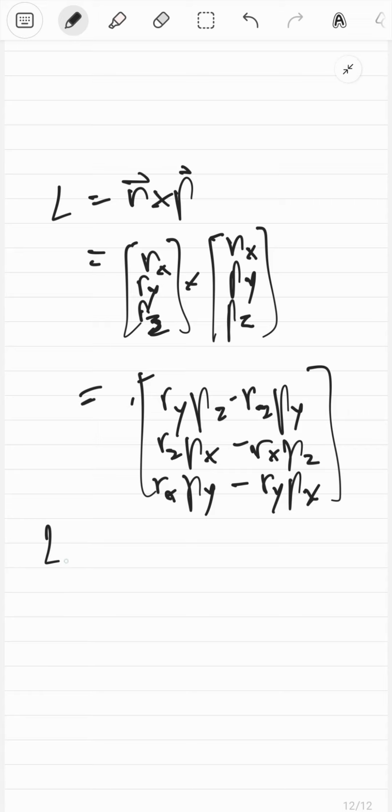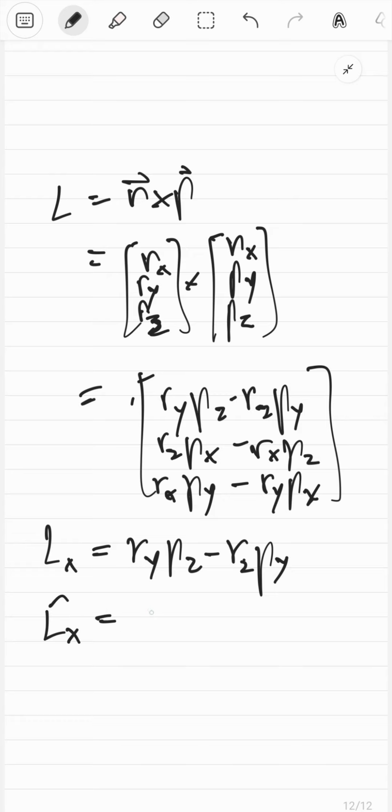Now if I just write one of the components, like ry pz minus rz py, this is just classical mechanics. But what if I want to go to quantum mechanics now? What I'll have to do is write it as an operator. So the y coordinate, y hat, is just y itself.